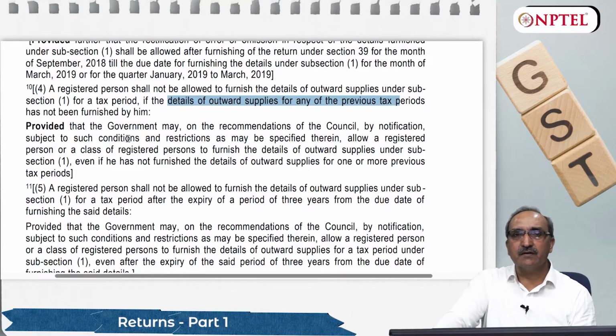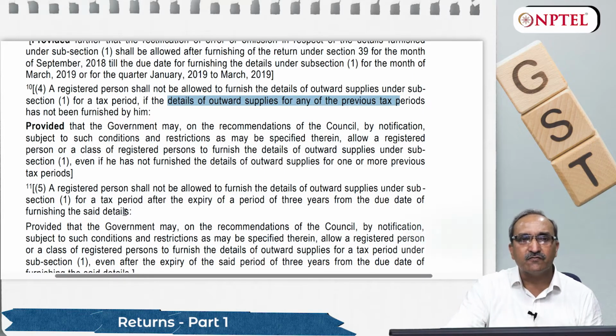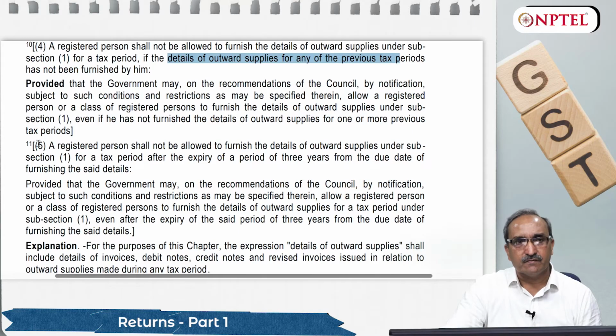In case in any month there is no sale from your side, then you have to file a nil return, declaring that your sales are nil this month, so there is no tax liability. So continuously you have to file your returns. If you make any gap in that, the system will not allow you to file the next month unless you have filed the previous months.